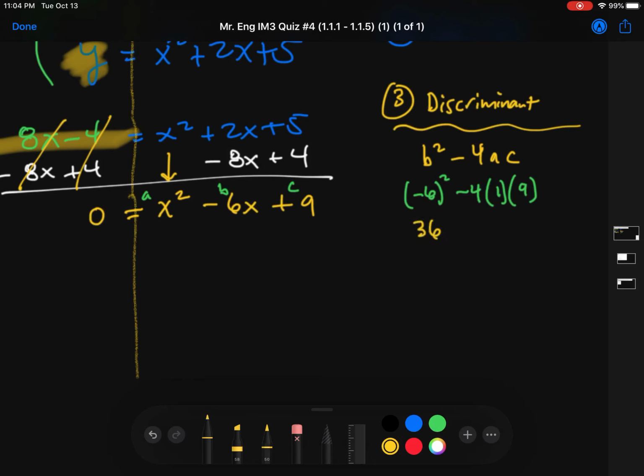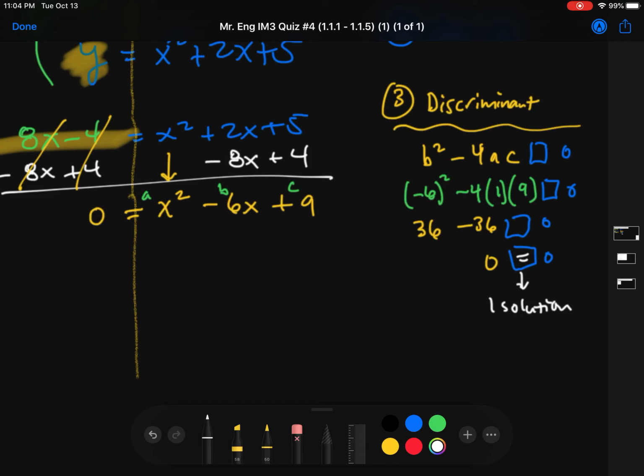And negative 4 times 1 is negative 4, and negative 4 times 9 is negative 36. 36 minus 36 is 0. Now, you're always comparing this to a 0. And I put a box here so that you can put an inequality. You can put in greater than, less than, or equals to. Well, when it's equals to, you have one solution, which is verified to us.